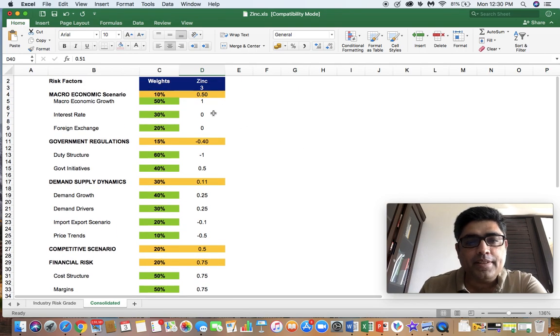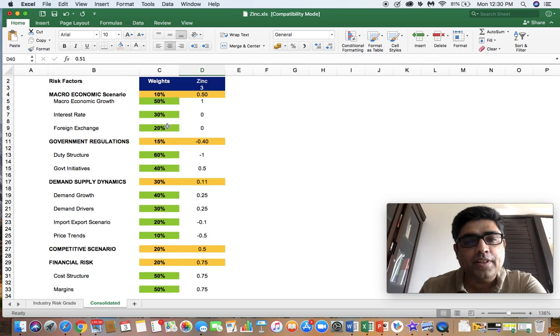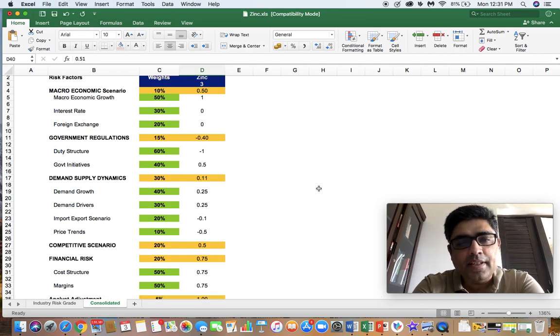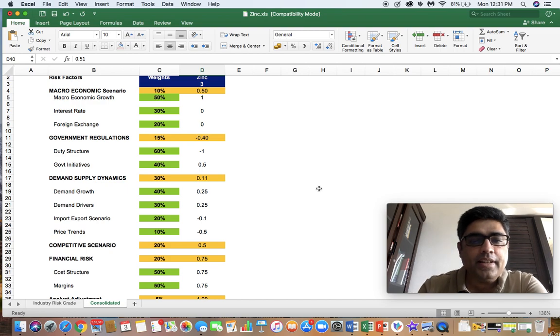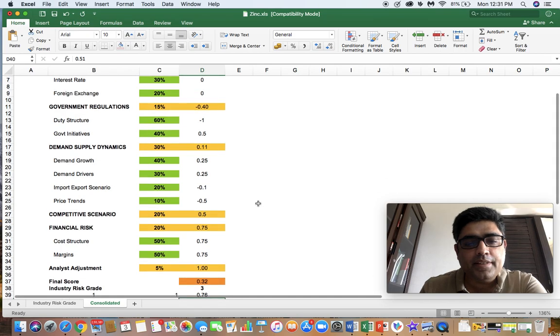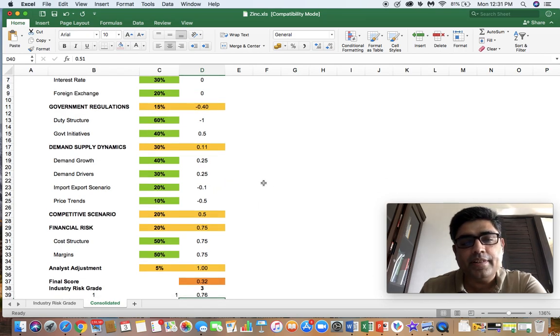So as we see over here, these are the weightages of the subheads that are given. It may be something based on judgment that we have taken, that these can be the possible weights that can be assigned, or it may be in context of some statistical analysis of past data, right? So once you have those separate weightages, then you put those figures, within this range of 1 to -1.